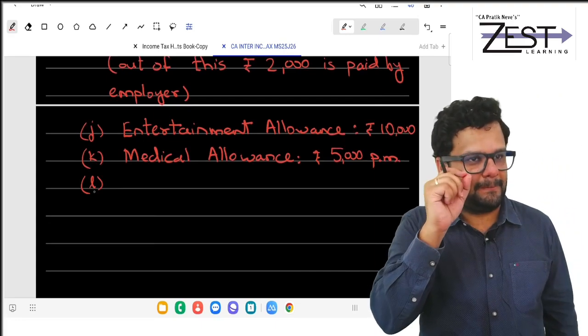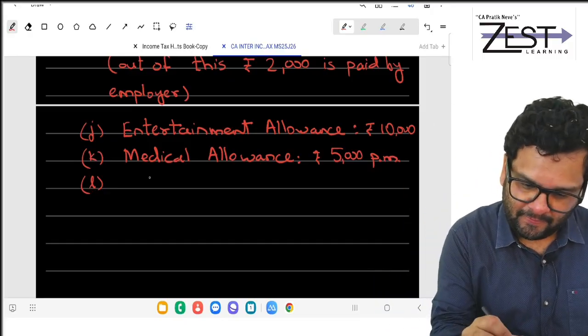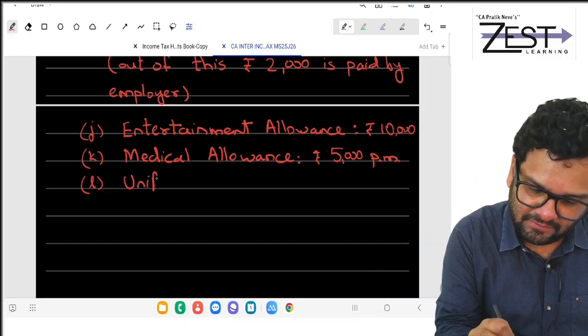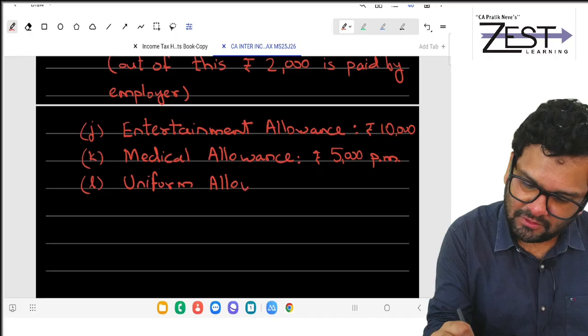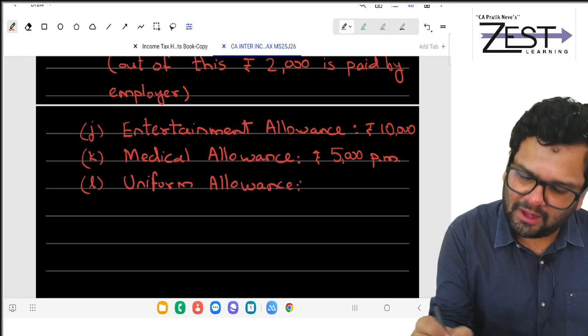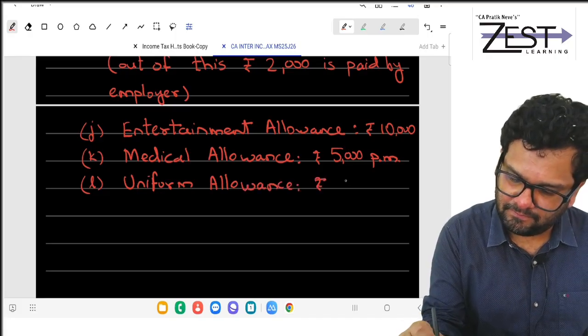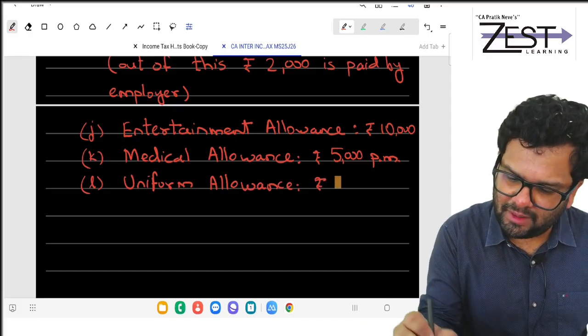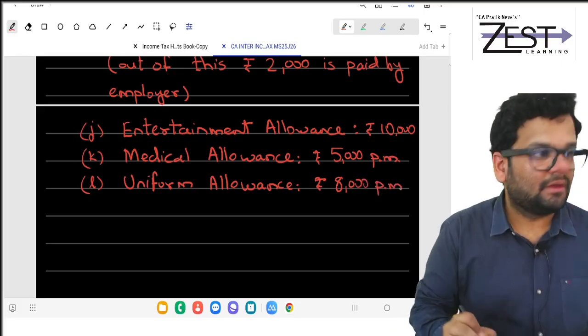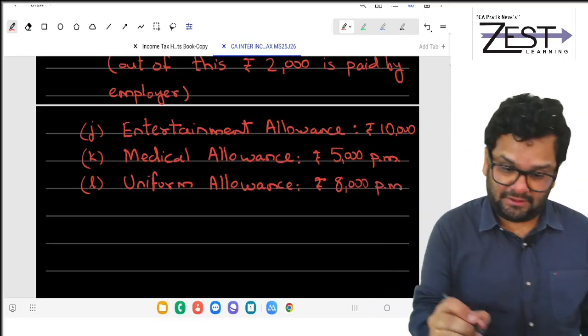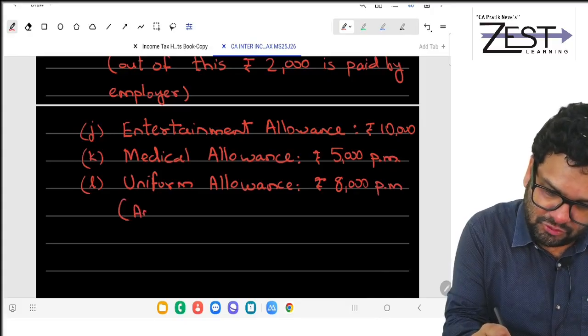Next, uniform allowance is say 8,000 per month.